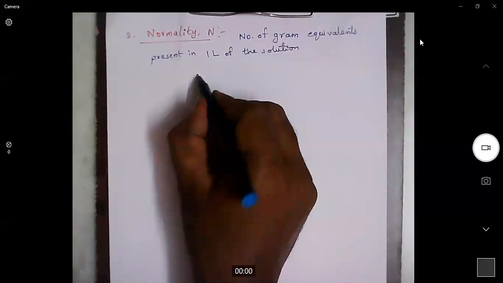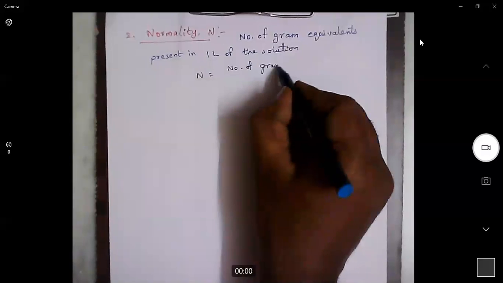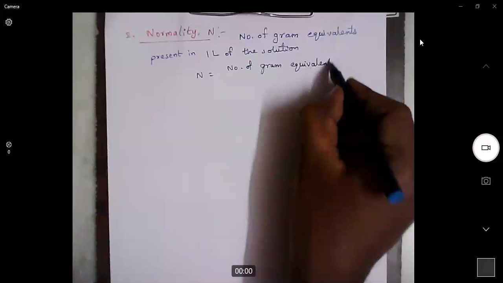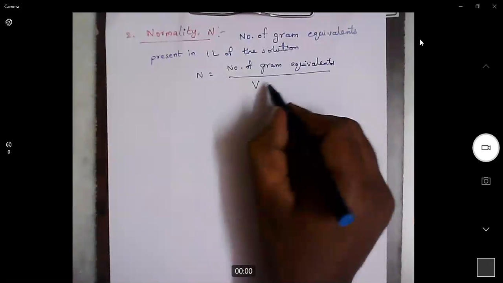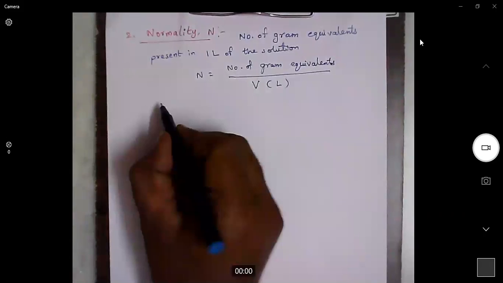So normality is equal to the number of gram equivalents divided by the volume in liters.